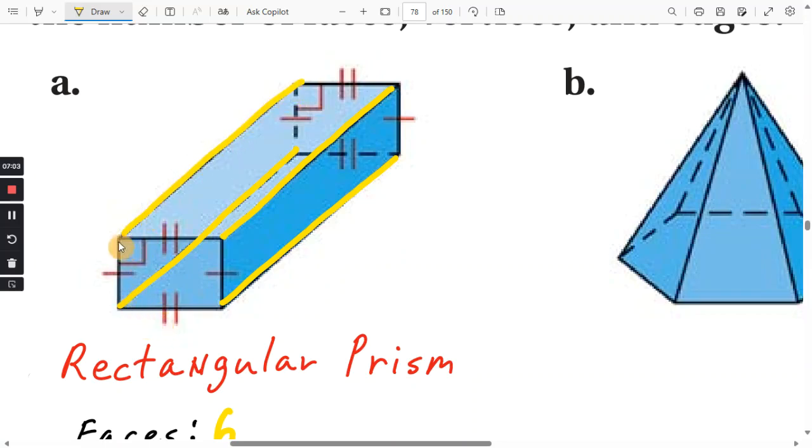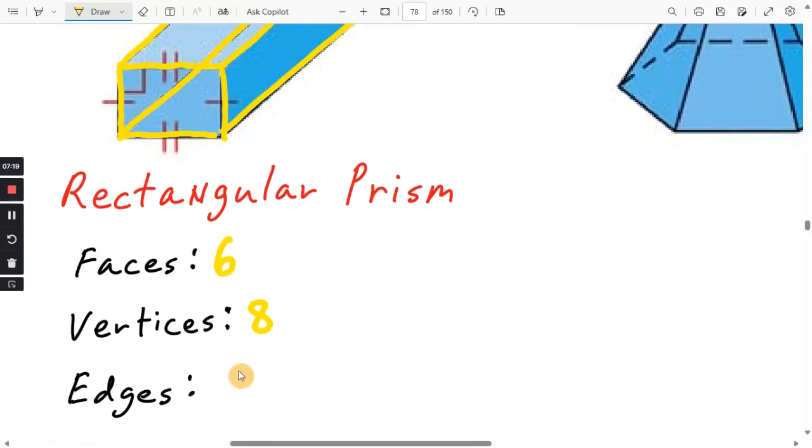And then we have 5, 6, 7, 8. And then in the back, 9, 10, 11, 12. So that is 12 edges. That's for a rectangular prism.